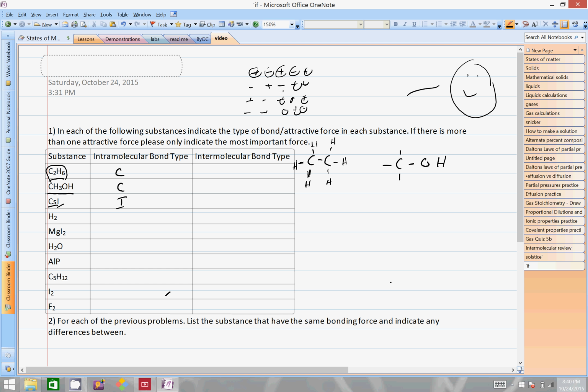It would go in 3 dimensions, and we would just have a stack of cations, stack of anions in a big pile. So this thing does not have a molecule, therefore it does not have anything between molecules. It just has one force, and that is ionic everywhere.